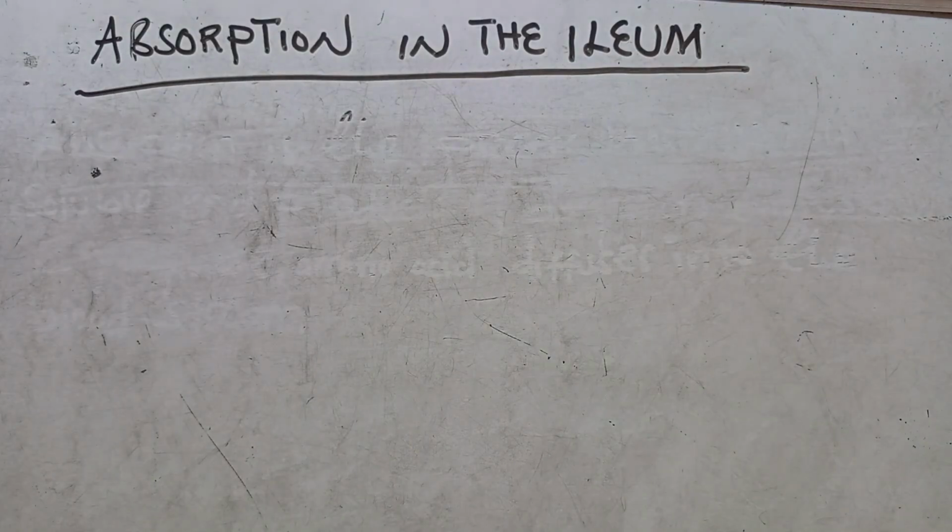When the amino acid diffuses into the blood for usage, that is what we call absorption. When glucose, which is the end product of starch food, diffuses into the blood, that is also termed absorption. As simple as that.